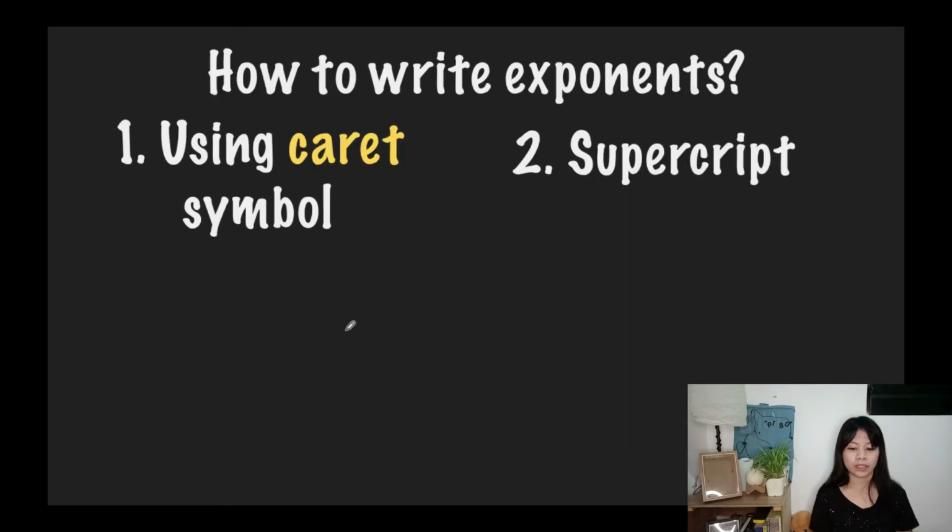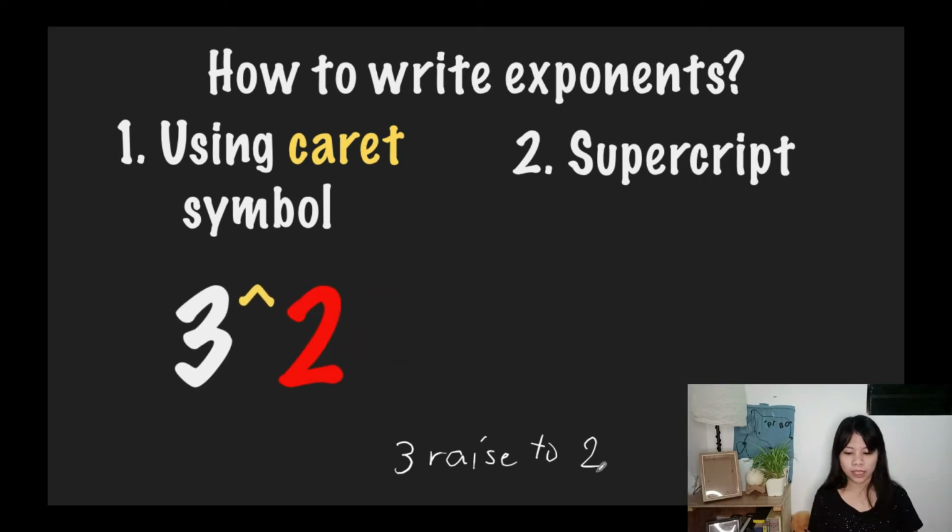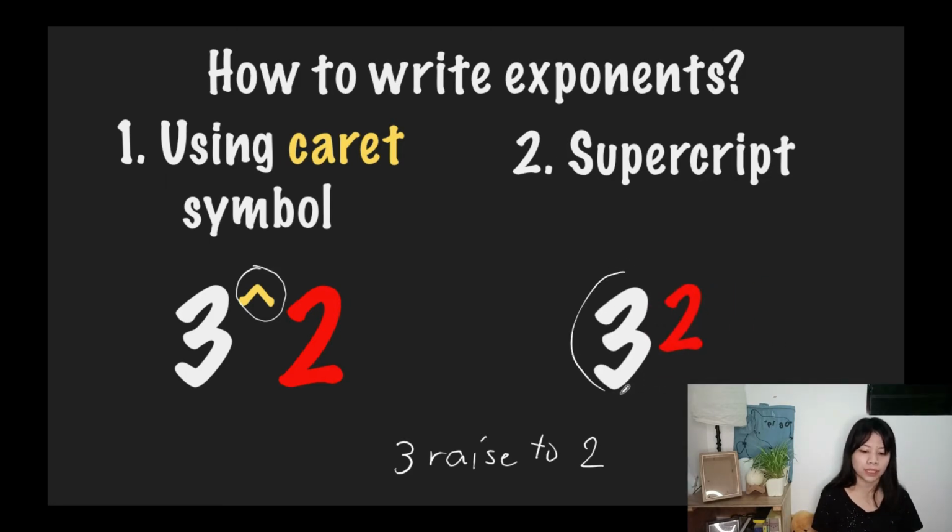So, how do we write exponent? For example, how do we write 3 raised to 2? Using caret symbol, we write it as this. 3 caret 2. Merong caret dito sa gitna. Pag superscript naman, we write it as may malaking number na 3, ibig sabihin yun nag-indicate na siya yung base, at yung 2 na maliit dun sa upper right part, yun naman yung nag-indicate na siya yung kanyang exponent.